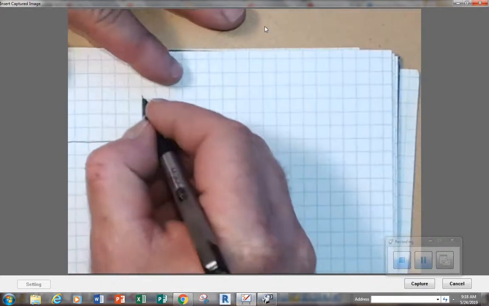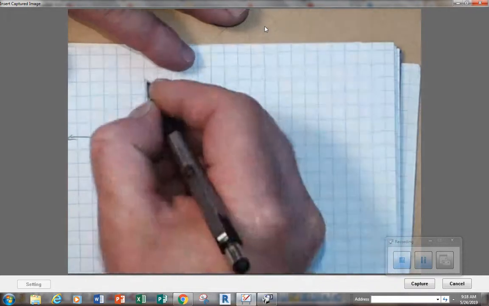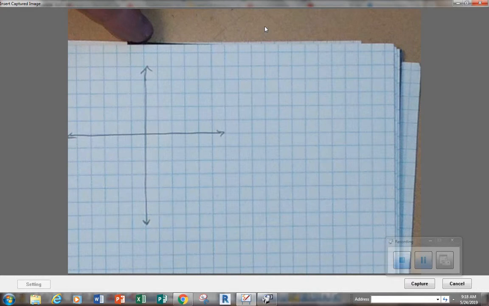It says, what are the roots of the quadratic equation graphed at the right? So the way that graph looks, you want to find where it's touching the x-axis. Those coordinates for x are the roots.